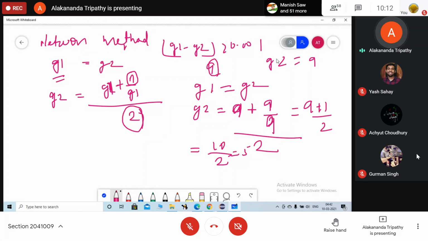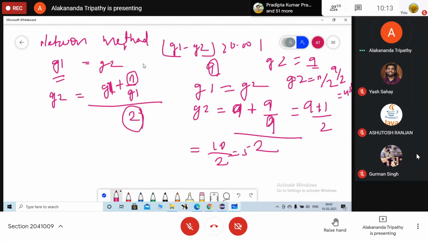Okay, so instead of taking G2 as 9, we are taking G2 equals n by 2. So n by 2 is 9 by 2, which is 4.5, as we are initializing it as a double value.